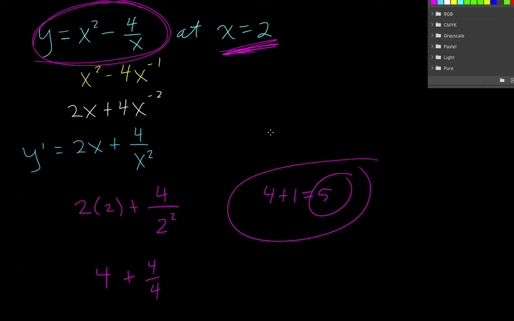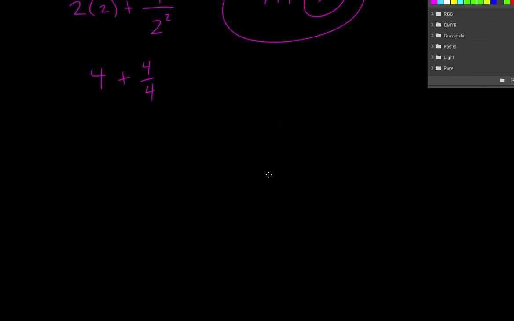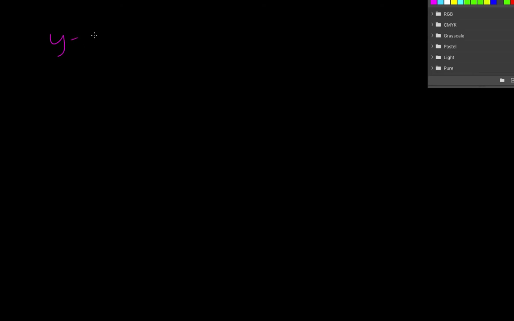Okay, and we just have one more example. So we have y equals 3x squared minus 4x, and it says find dy over dx and interpret its meaning. Okay.